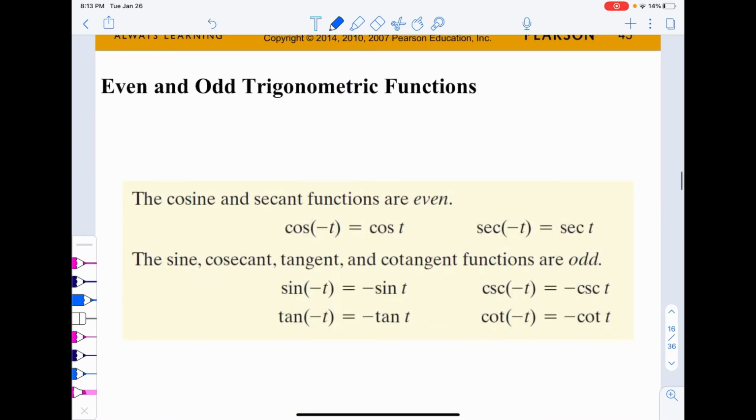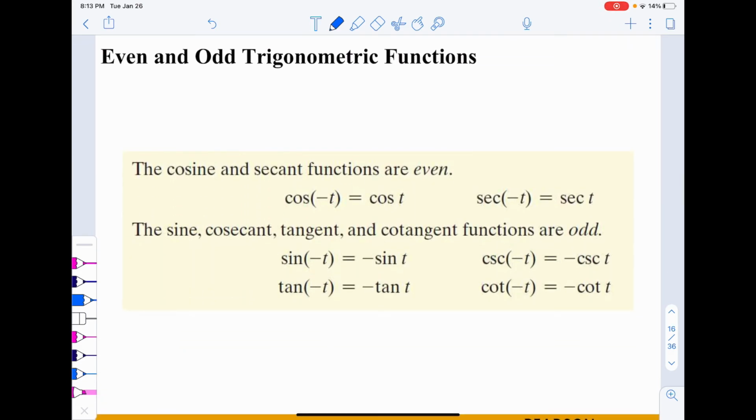So talking about some even and odd trigonometric functions, it tells us that the cosine and the secant functions are even. If you remember back to some of the work we've already done this year with our even and odd functions, even functions meant that f of t is equal to f of negative t, right? The original function is the same thing as the opposite value plugged in.